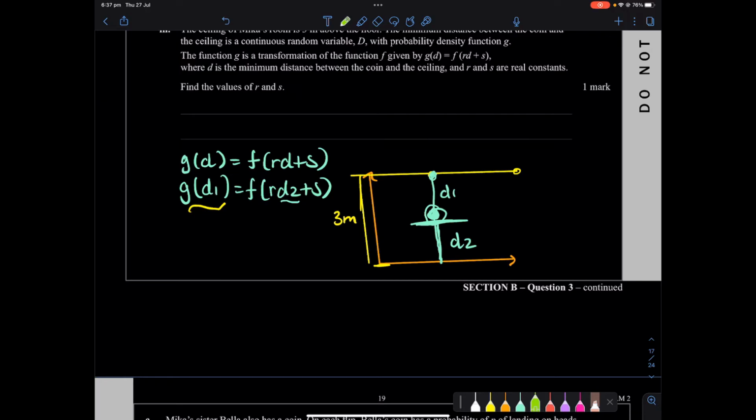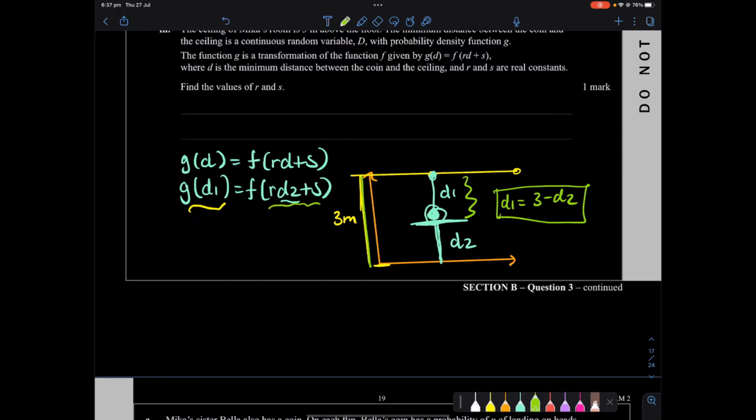Well, how do we even get to d1 first? To get to d1, d1 is equal to 3 minus d2. Okay, perfect.